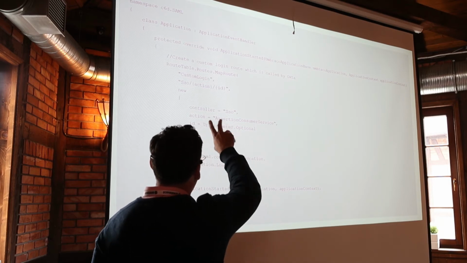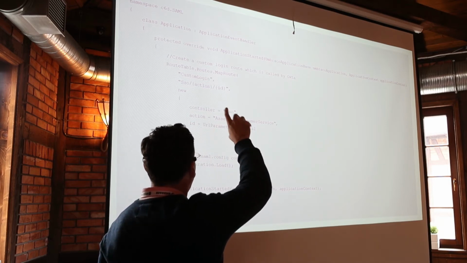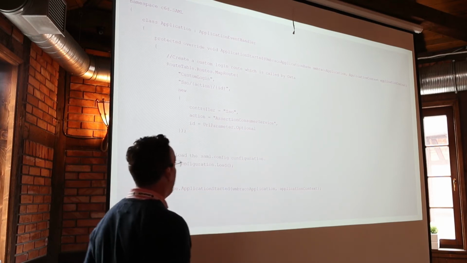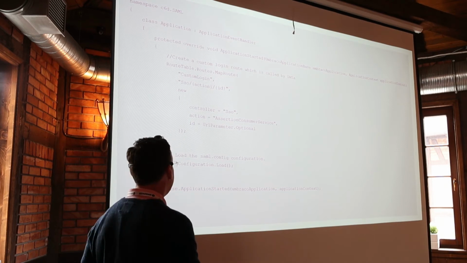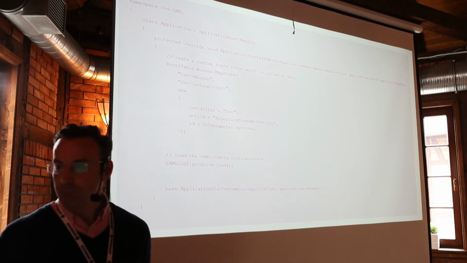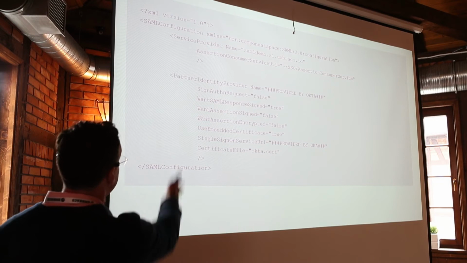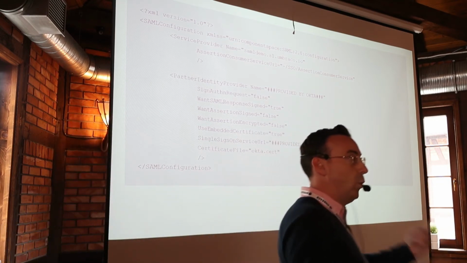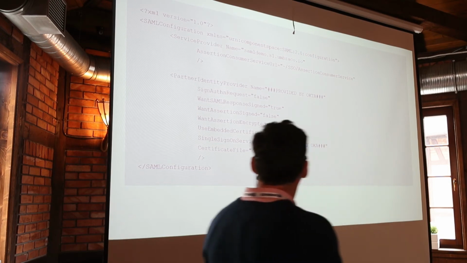So you need to register a route at startup, and then you also need to tell Component Space to load in the SAML configuration. The SAML configuration is actually quite simple. It tells each side of the relationship what information it needs to be able to trust one another.